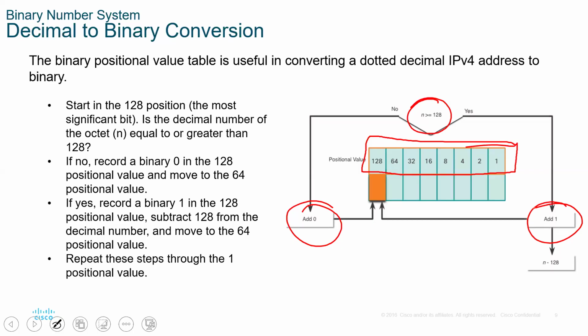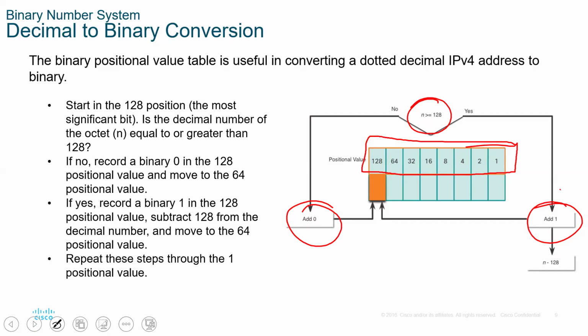If the decimal number of the octet is equal or greater than 128, you ask the question. If the answer is yes, you record 1. But if it is no, you record 0. If it is yes, you record 1 and then go back and do the next value.